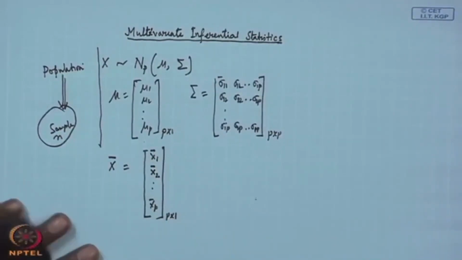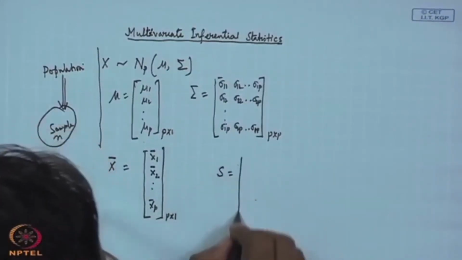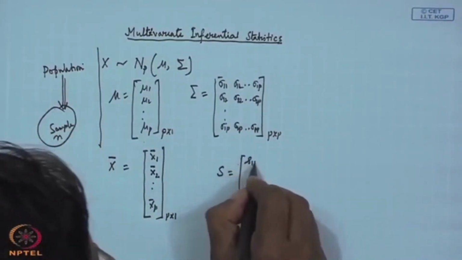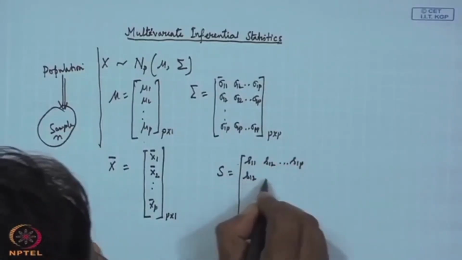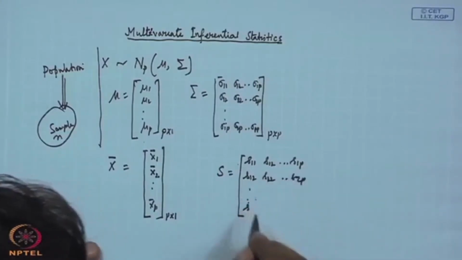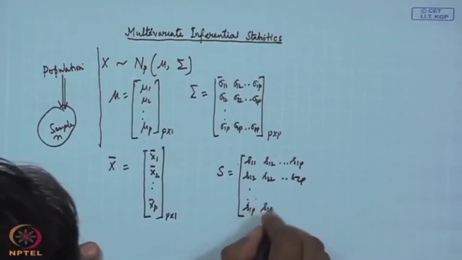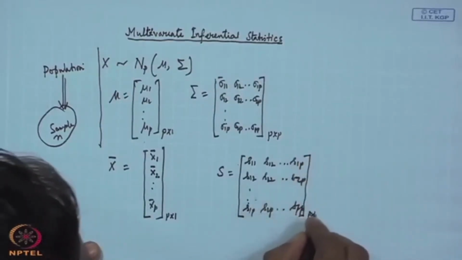You also compute the covariance matrix, which is S11, S12, S1p, S12, S22, S2p, followed by S1p, S2p, up to Spp, p cross p.